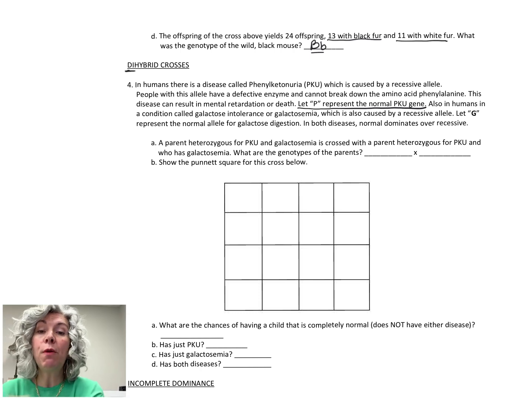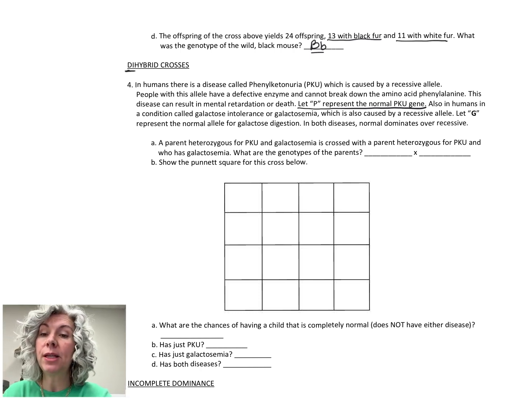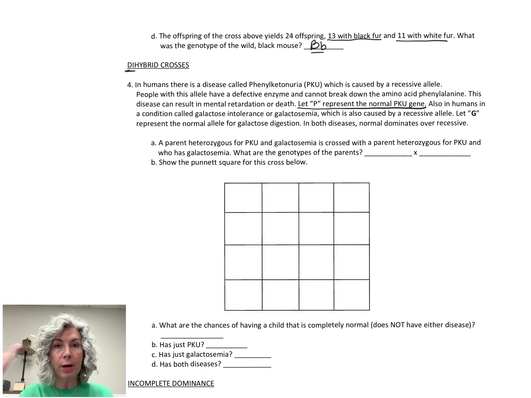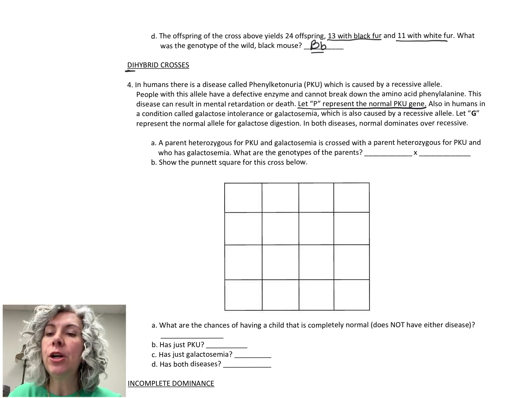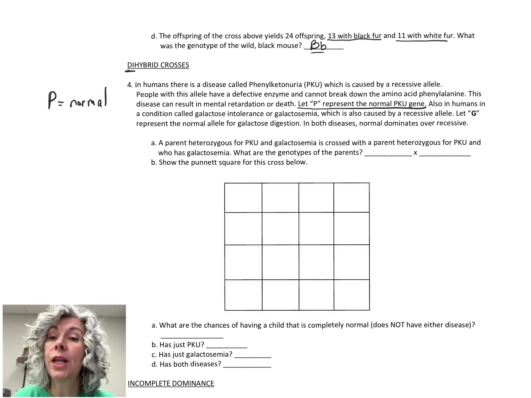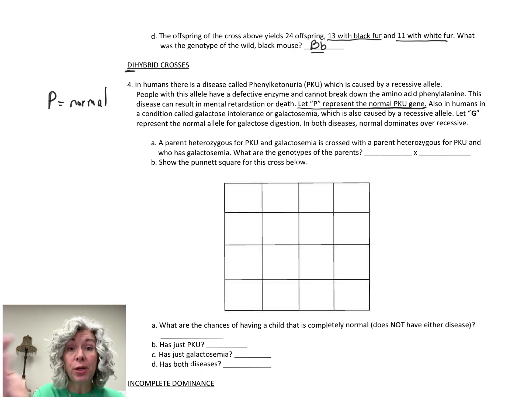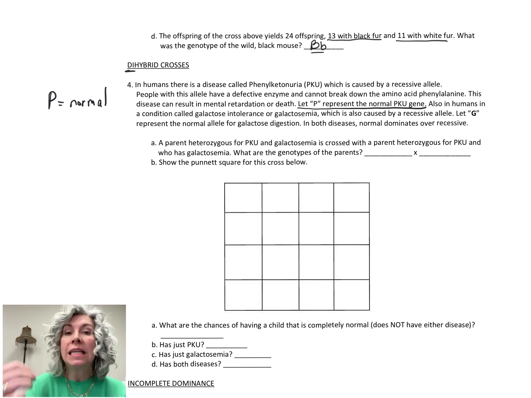Okay, so I'm going to come over here to the side and make myself a key. It just helps me keep my traits organized and straight in my brain. What letter represents what trait? I'm putting a capital P. This is normal. I'm using a P just because the name of that disease starts with a P, so I'm not using an N for normal.